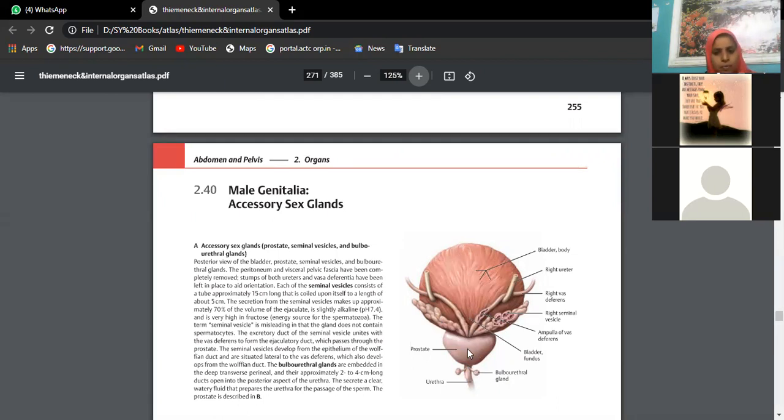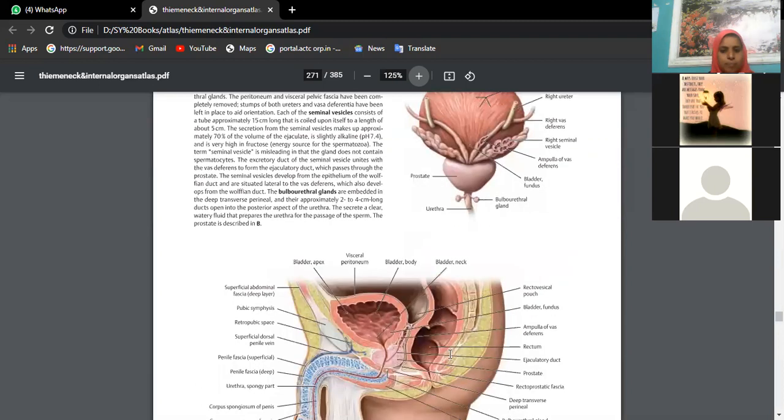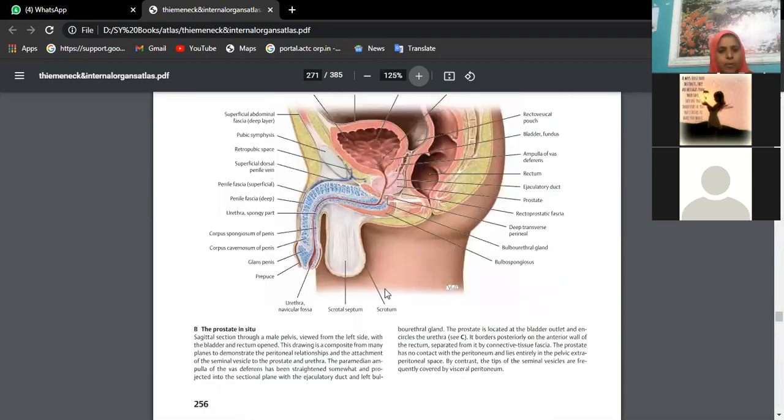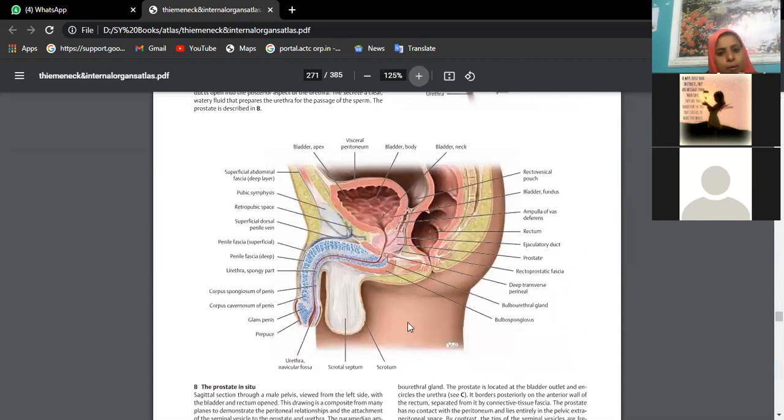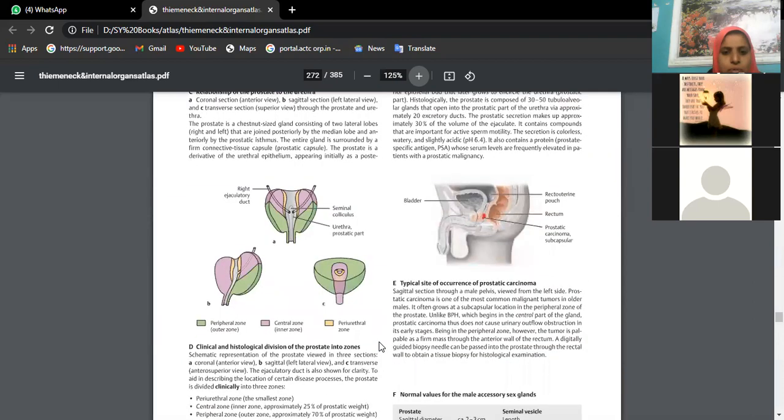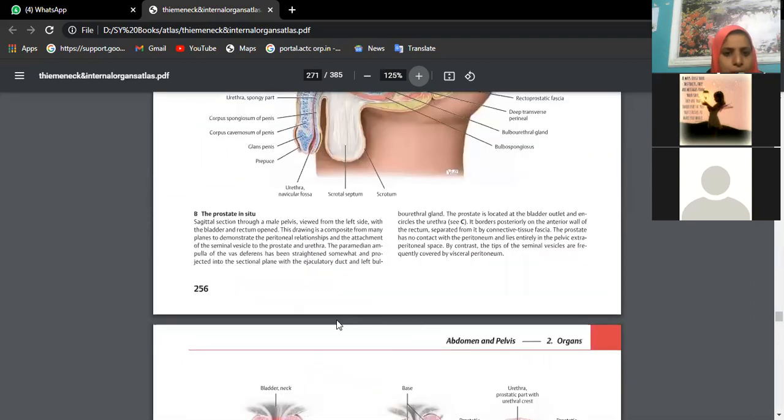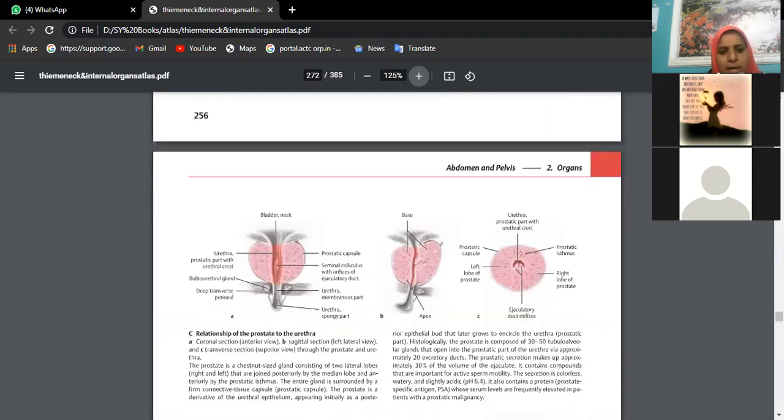Okay, so where you are finding the extra, like male accessory reproductive organs. Otherwise I'll show you the vas deferens. This is the prostate gland, right? The prostate gland will have many lobes. In the median lobe, you will see the passage of the urethra.